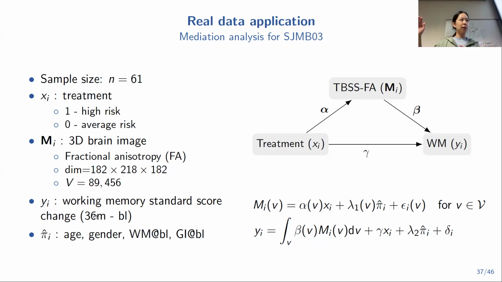These are the confounders that our collaborators feel are important, also from the experience of earlier trials, and we applied our model to this real data.